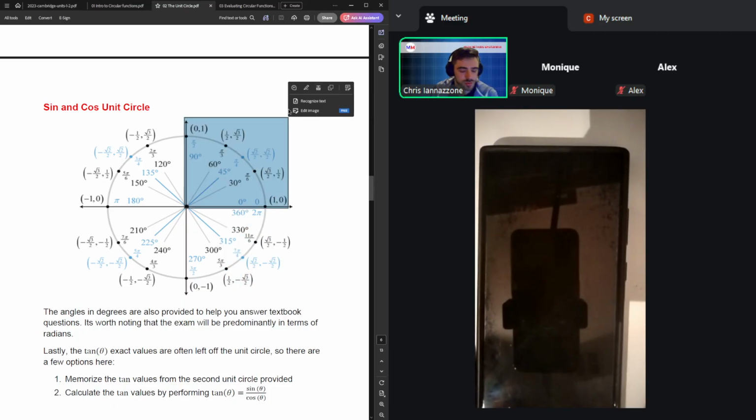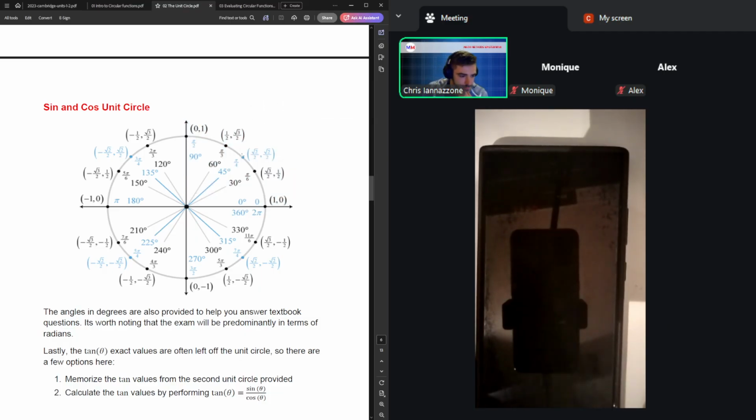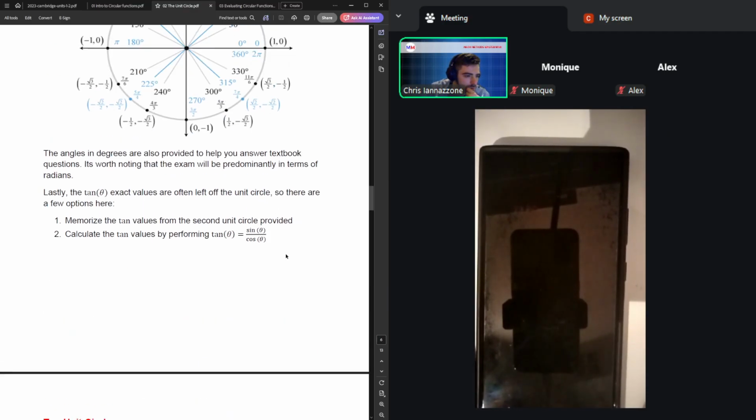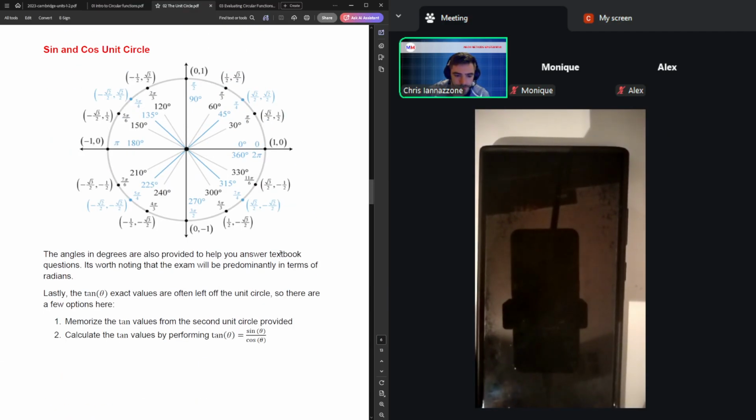So as long as you can understand this first quadrant, you'll be able to flip those values across to the other coordinates, the other quadrants rather. Any questions about that one? Okay.